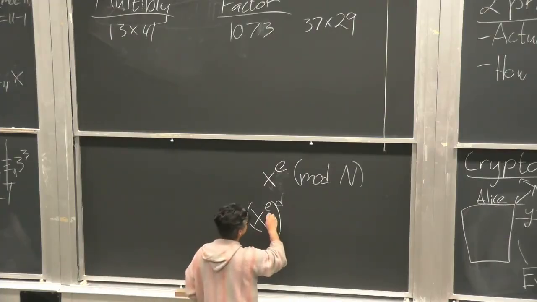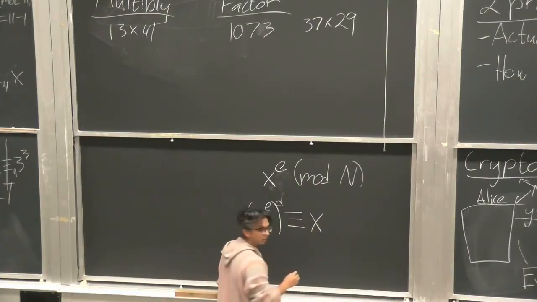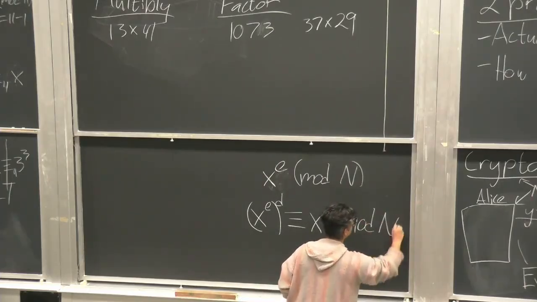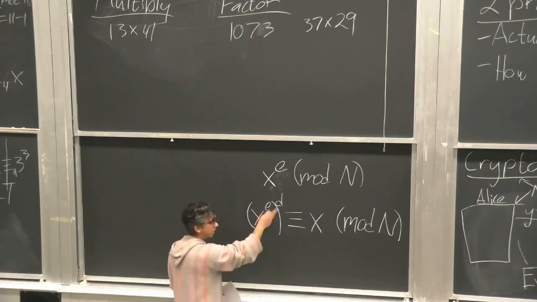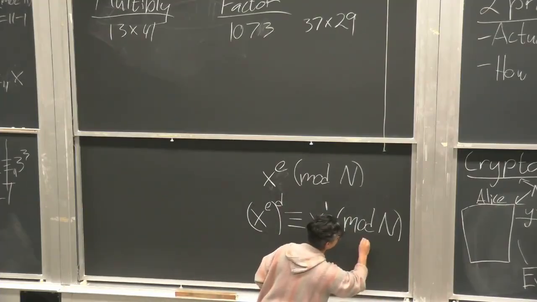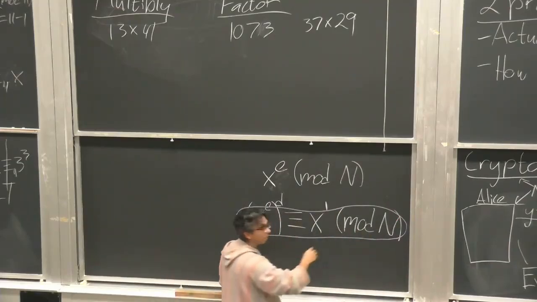So x to the e to the d is just x mod n. We want something that does that. Down here we're working mod n.